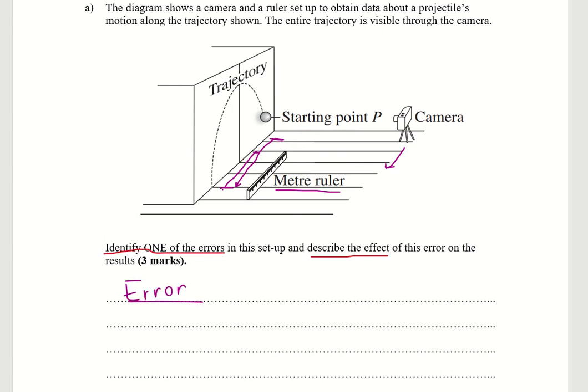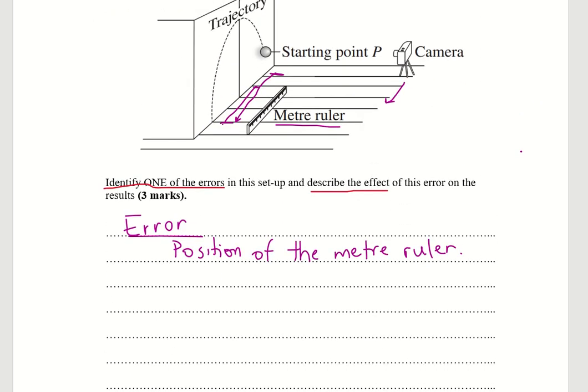So the error identified is the position of the meter ruler. Okay, so why would the meter ruler be an issue? So the effect.